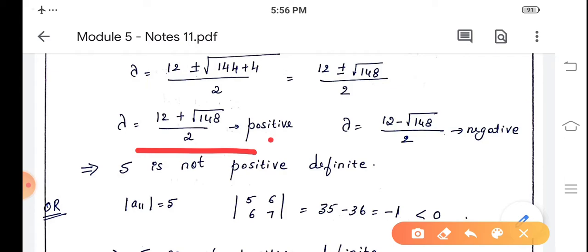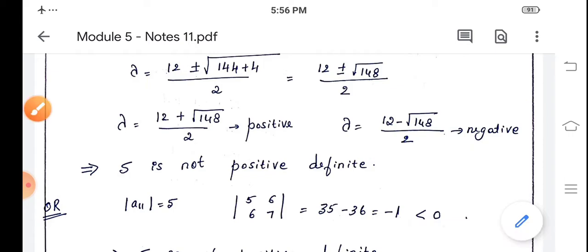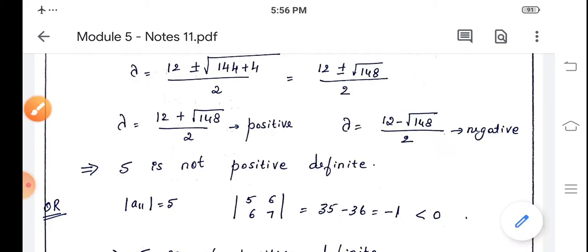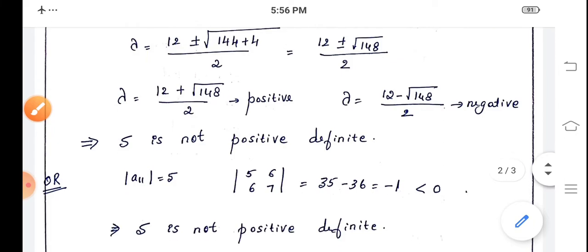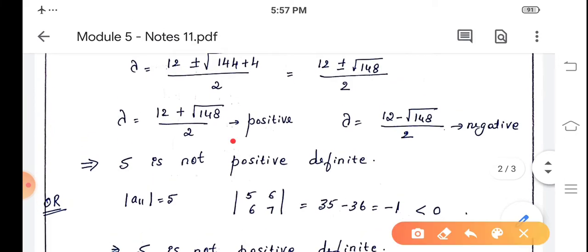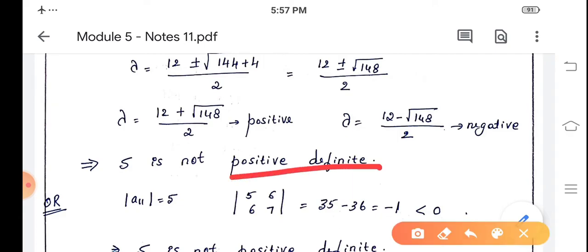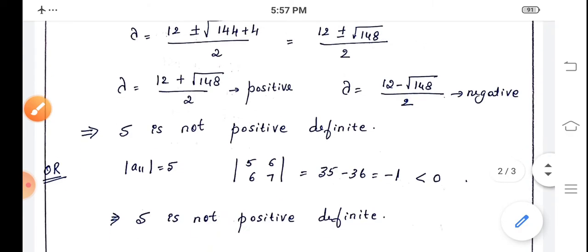This value is positive. And another value lambda is equal to 12 minus root 148 divided by 2. This value is negative because here square root of 148 is greater than 12. So here one eigenvalue is positive but another eigenvalue is negative. So we can conclude that S is not positive definite.